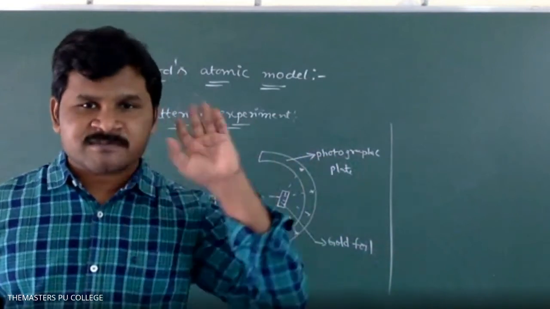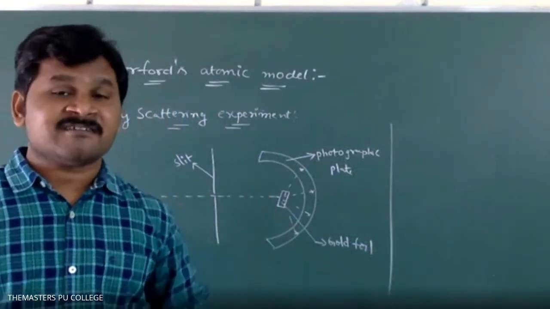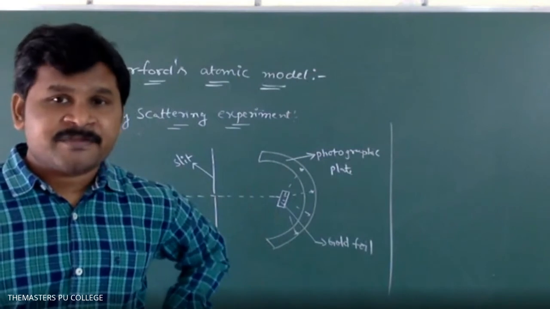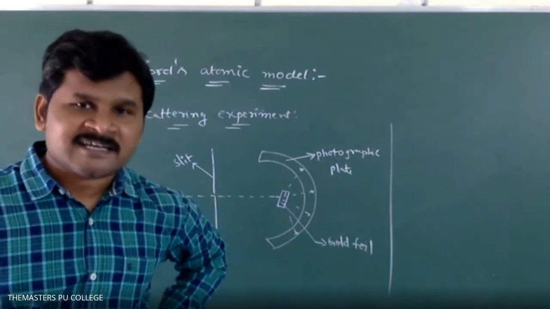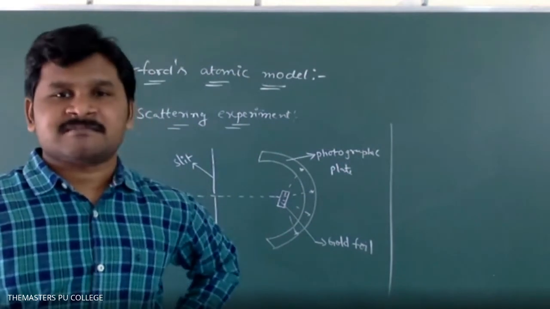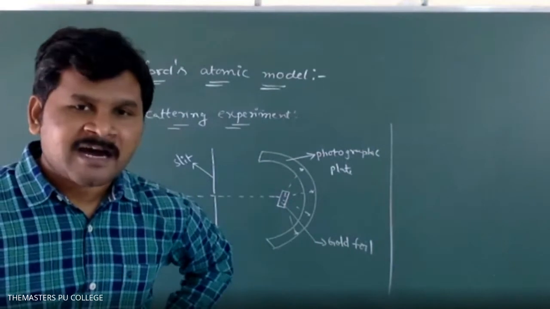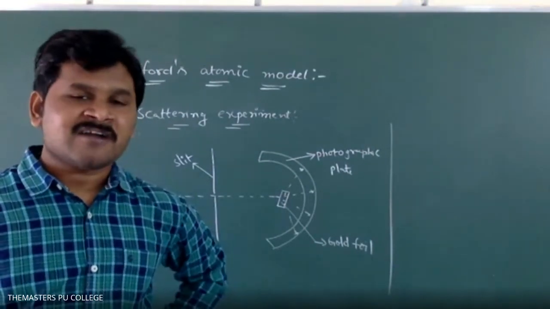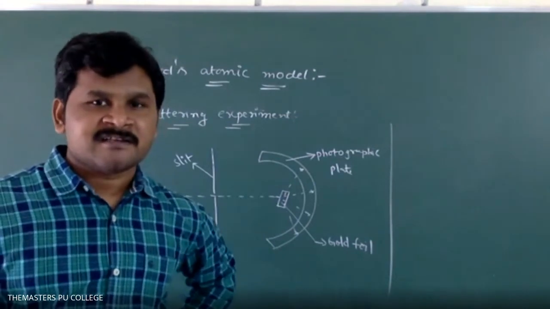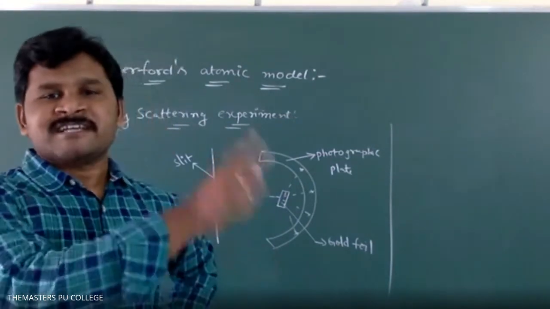Second observation: a few alpha particles or alpha rays are deviated in their path. Third observation: very few alpha rays bounce back. Based on these three observations, he proposed his atomic model.